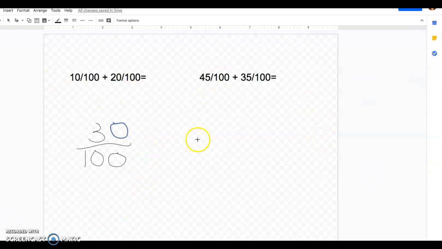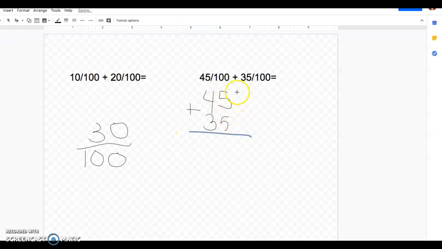And maybe you might need to use the standard algorithm for adding 45 plus 35. And you could do so by, remember, lining them up, 45 plus 35. If you cannot do this in your head, you may need to write it down with a pencil and a piece of paper.